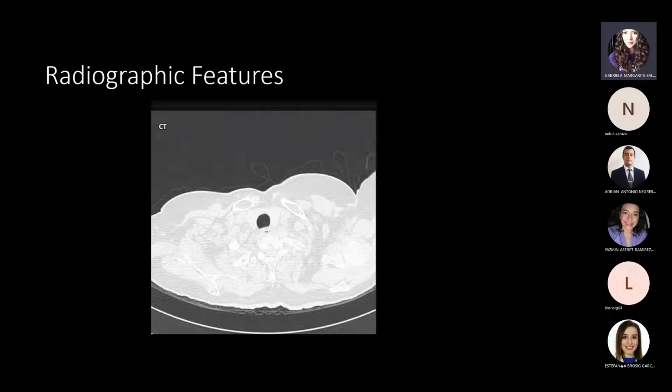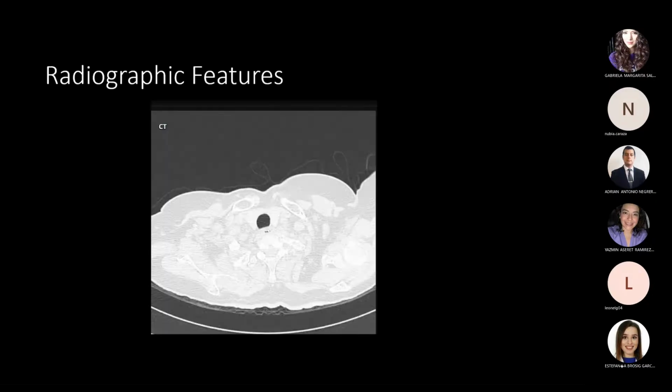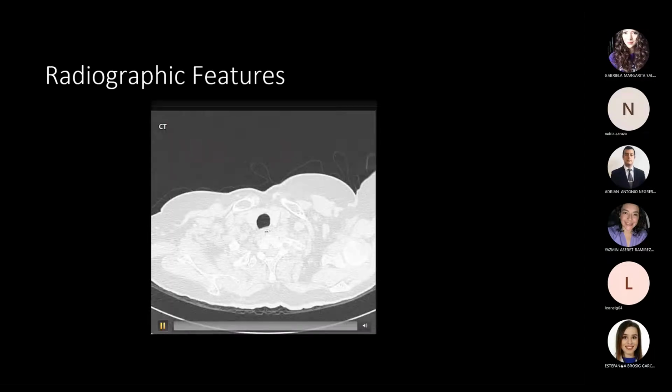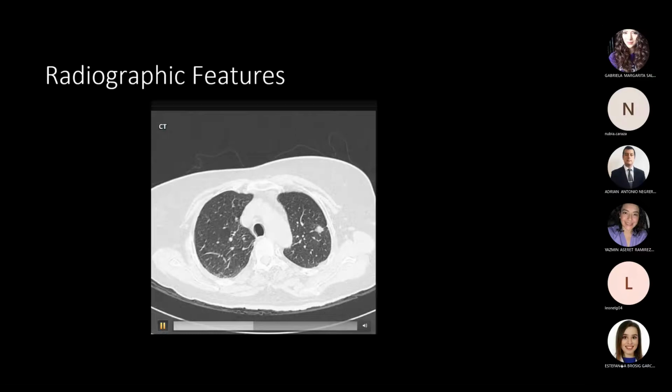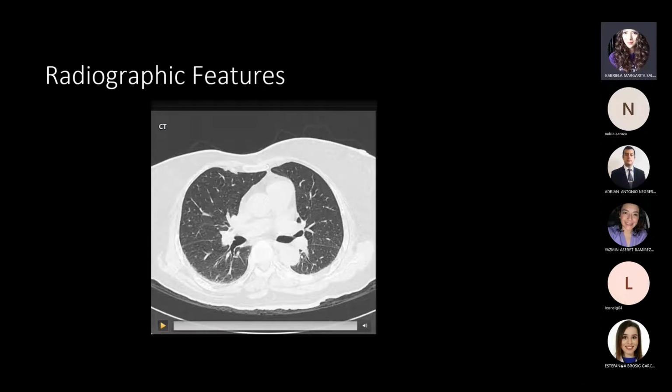In the radiographic features, most commonly we find a lung nodule, a rounded or irregular region of increased attenuation.